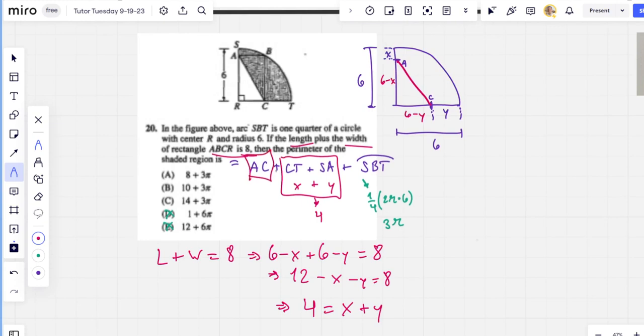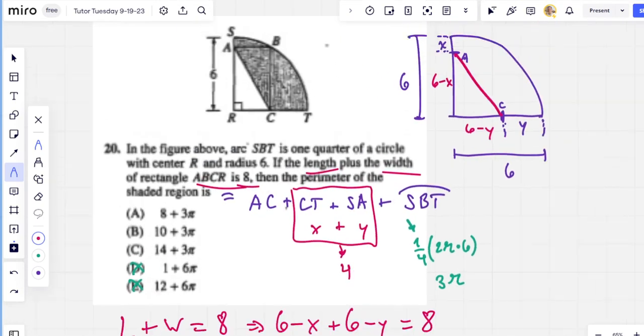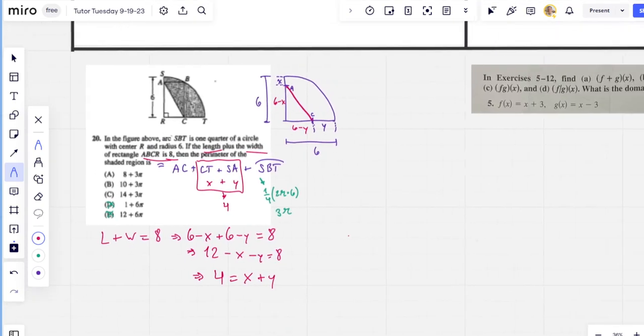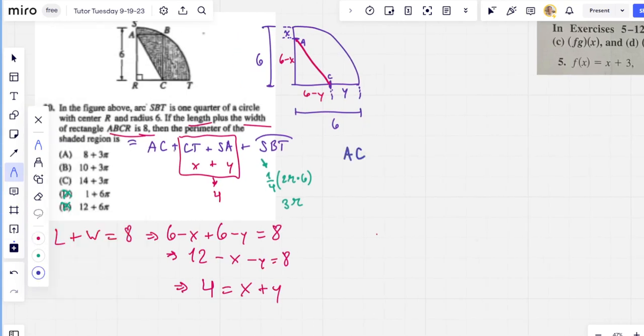Last thing is to find AC, which from the Pythagorean theorem, I think I'm just going to use the Pythagorean theorem to get AC. That would tell us that AC is the square root of 6 minus x squared plus 6 minus y squared. No, maybe there's a better way to do this.